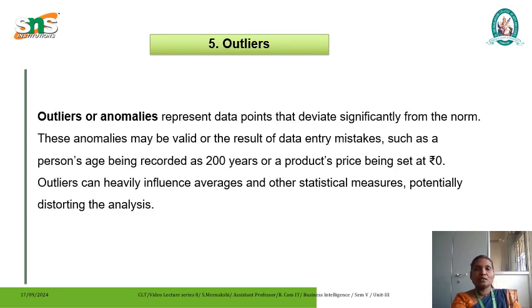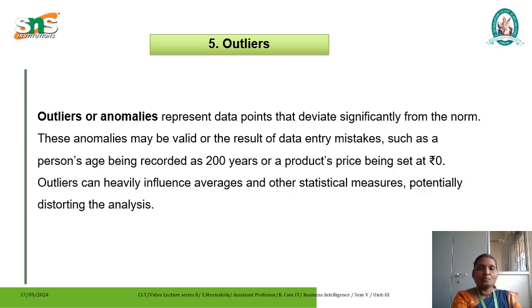The next type of error is called outliers. It is also known as anomalies. These kinds of errors represent data points that deviate significantly from the norm. These anomalies may be valid or the result of data entry mistakes, such as a person's age being recorded as 200 years or a product price being set as rupees zero.